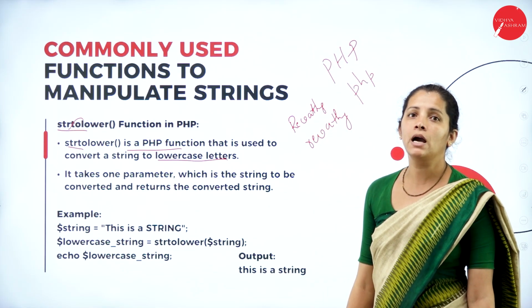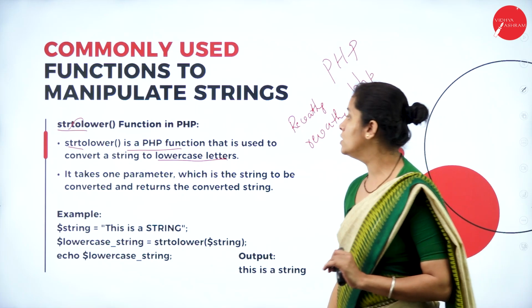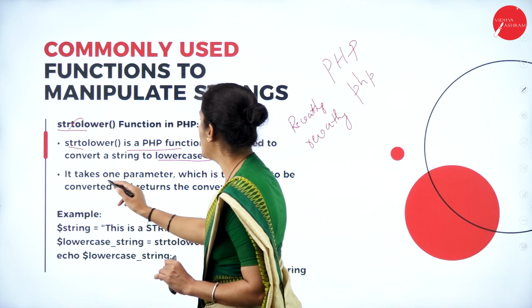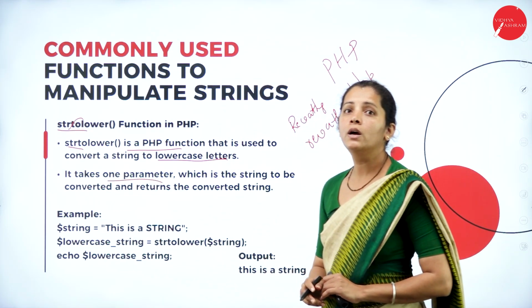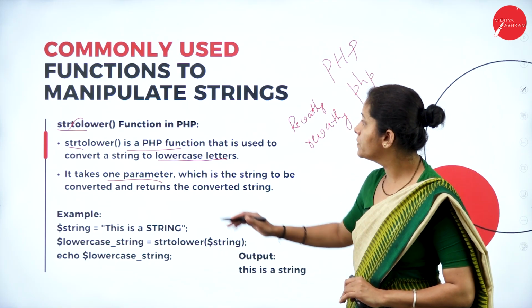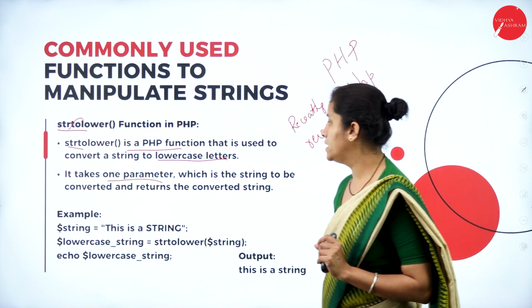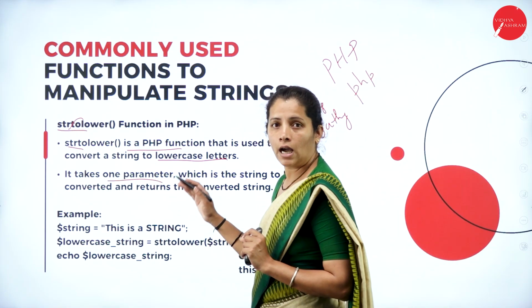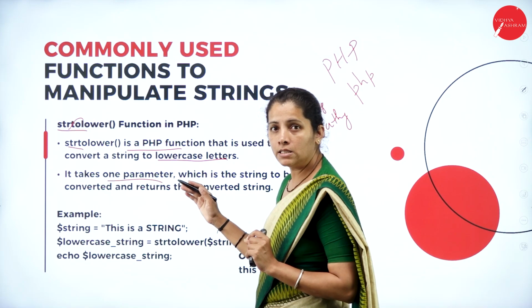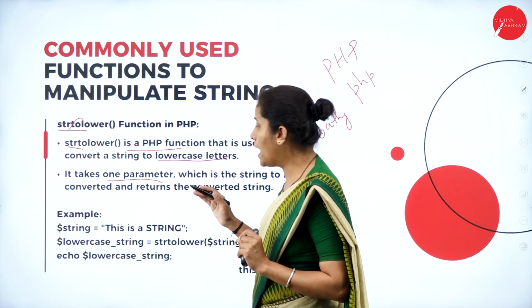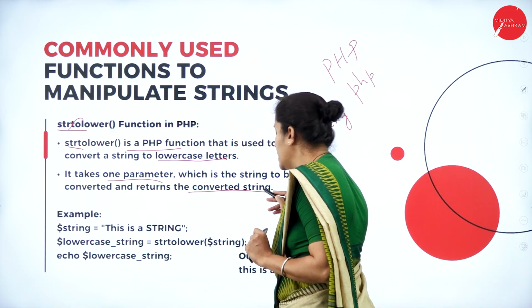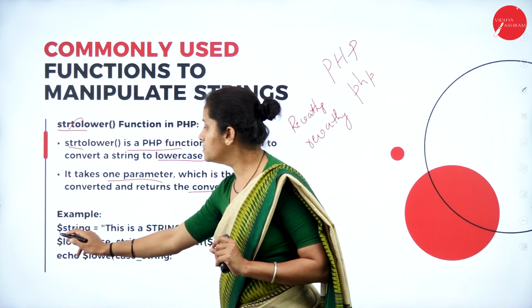What I'm doing here is converting uppercase letters to lowercase, and it takes one parameter. So strtolower takes only one parameter, converts the uppercase letters to lowercase, and returns the converted string.